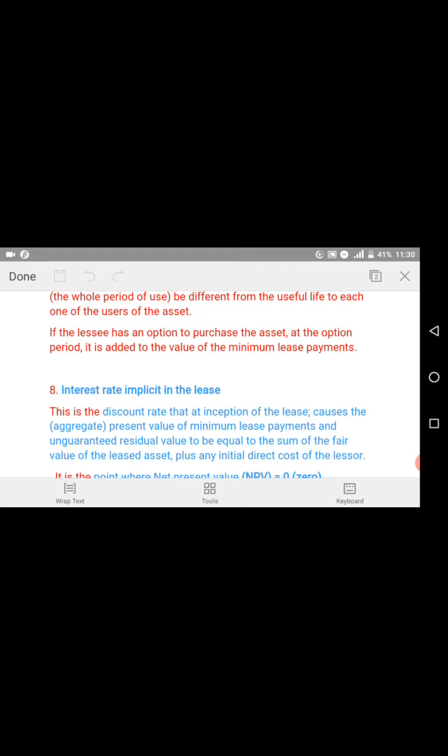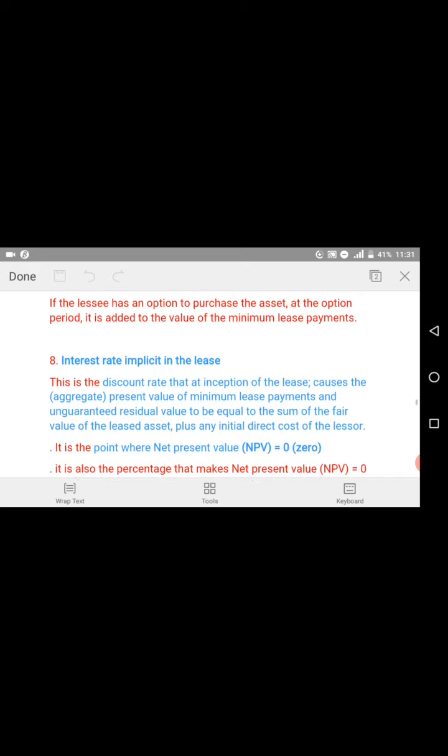Then I'll repeat it again, it is the discount rate that at inception of the lease causes the aggregate present value of minimum lease payments and unguaranteed residual value, the balance at the end of the lease term, to be equal to the fair value of the leased asset plus any initial direct cost of the lessor.